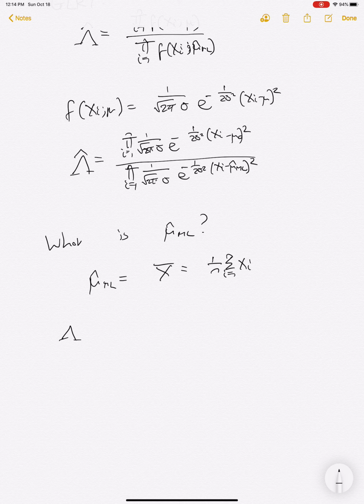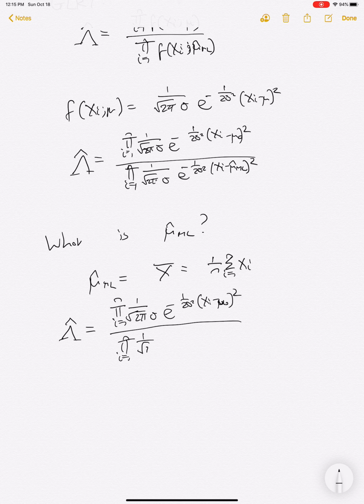So our gamma hat here is equal to this ratio.